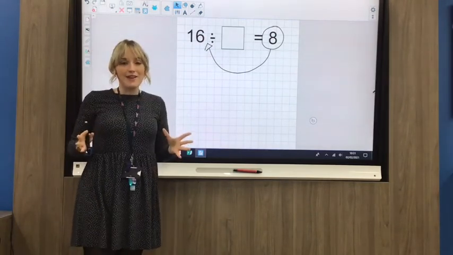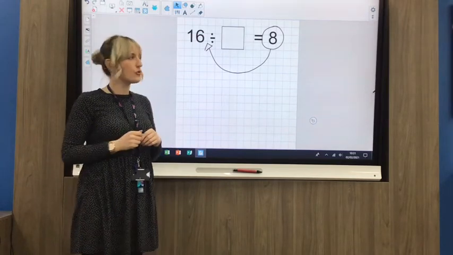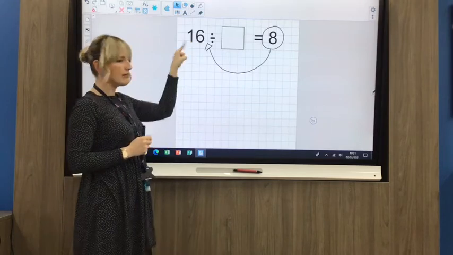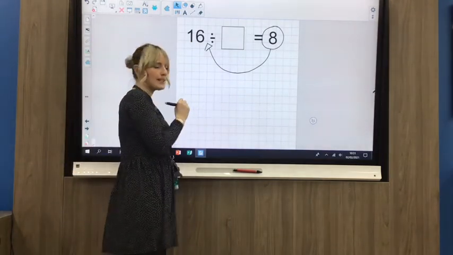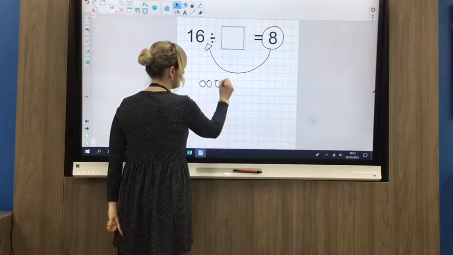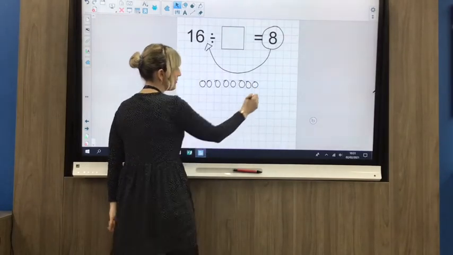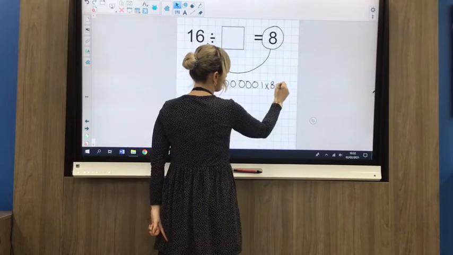Now again, if you don't know your 8 times table, use drawing to help you. So I need to figure out how many 8s make 16. So I'm going to do some drawing, making sure I group it into 8. So 1, 2, 3, 4, 5, 6, 7, 8. So I know that 1 times 8 equals 8.